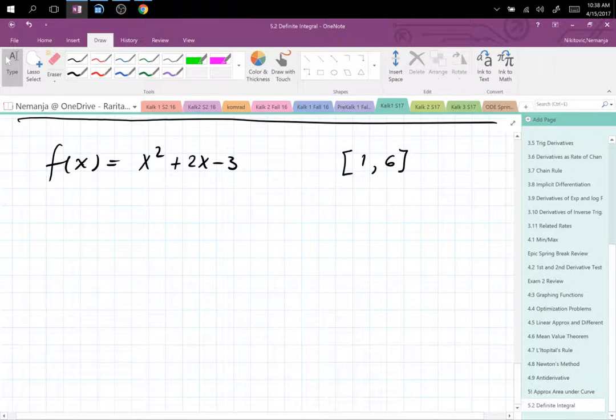So figure out delta x first, then figure out xi, then figure out f of xi, then plug in, and sum, and then after that you have about 20 minutes and the problem is done.